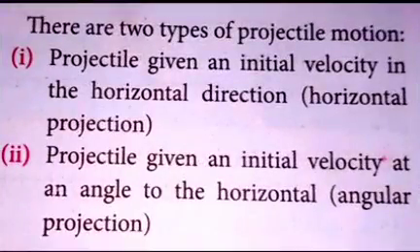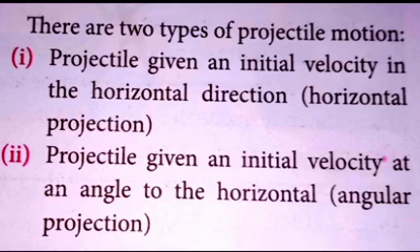There are two types of projectile motion. One is horizontal projection and the other is angular projection. Let's see the horizontal projection. When the projectile is given an initial velocity in the horizontal direction, it is known as horizontal projection. That is, an object thrown only from the top of a height until it reaches the ground is known as horizontal projection.